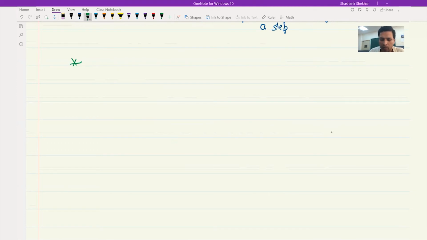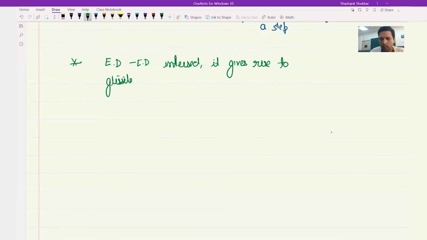Whenever edge dislocation and edge dislocation intersect, it gives rise to a glissile step. That can aid in motion.